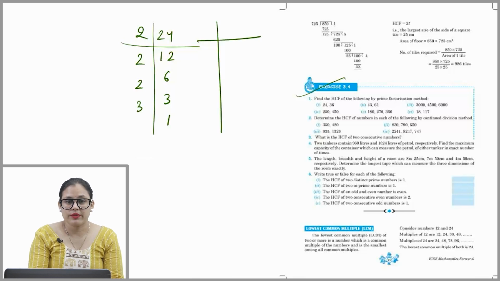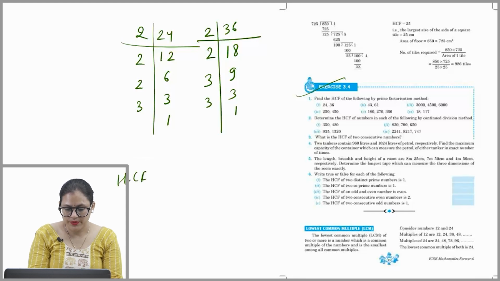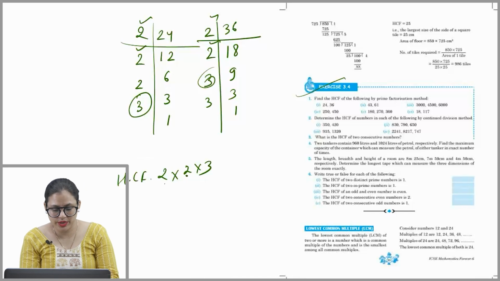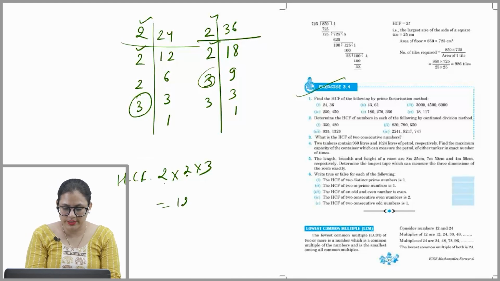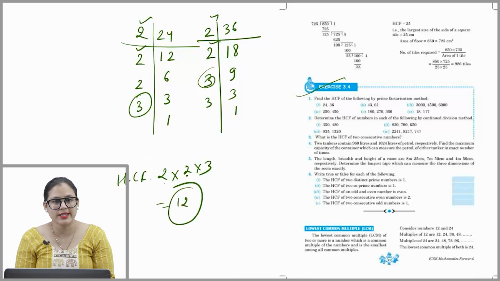Next, we have 36. 2 ones are 2, 2 eights are 16, 2 nines are 18, 3 threes are 9, 3 ones are 3. Okay, so what is the HCF? 1, 2, then again common 2, then 3. So 2 into 2 is 4, into 3 is 12. So 12 is the HCF of 24 and 36.